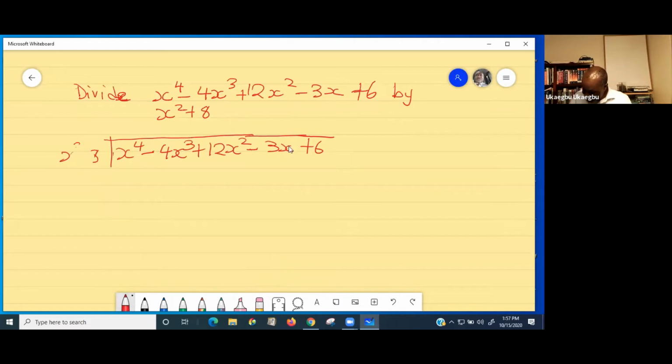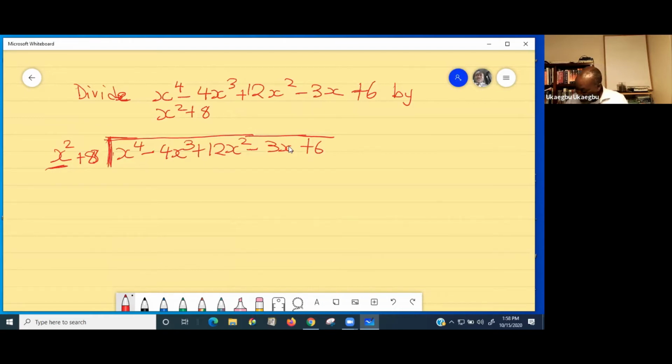This is x raised to power 2, and this is plus 8. Okay, so now you are going to use the first term, and you first of all attack the rim of the basket, right?